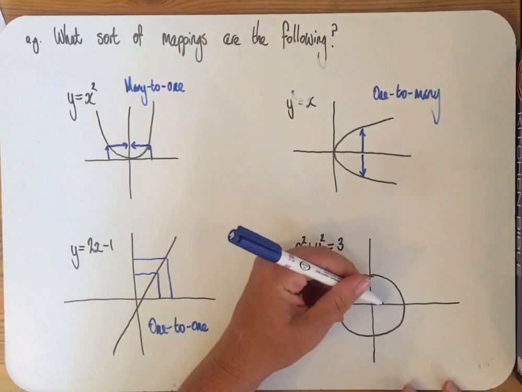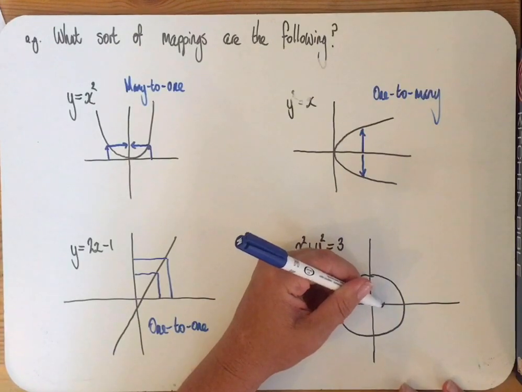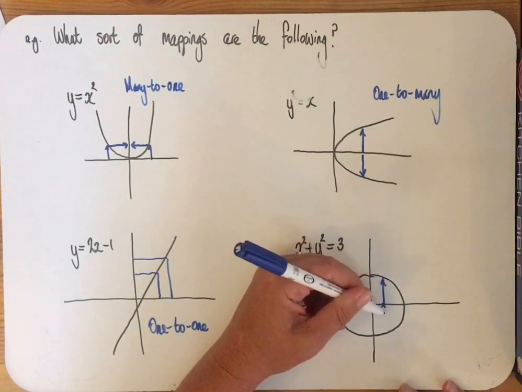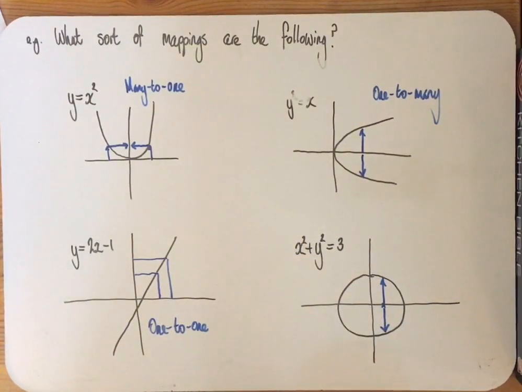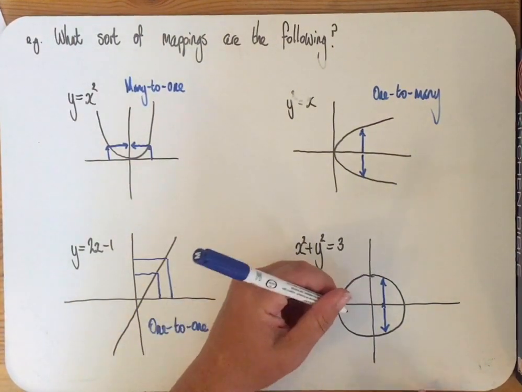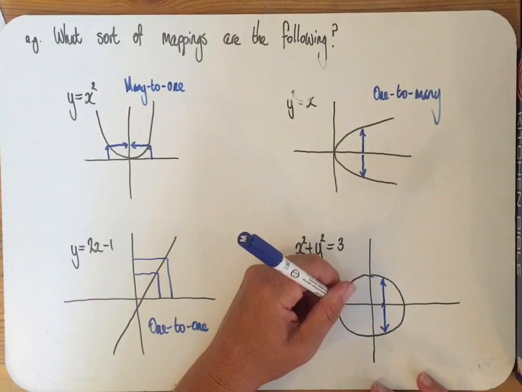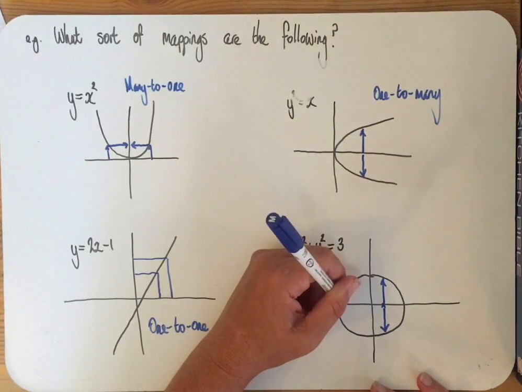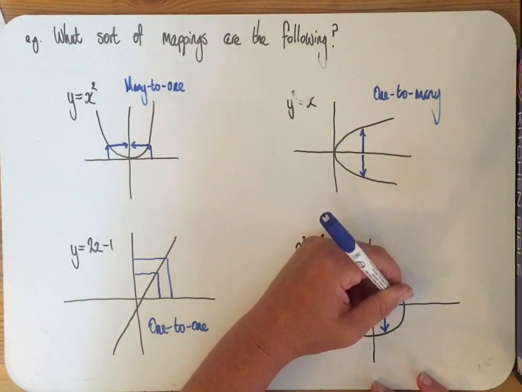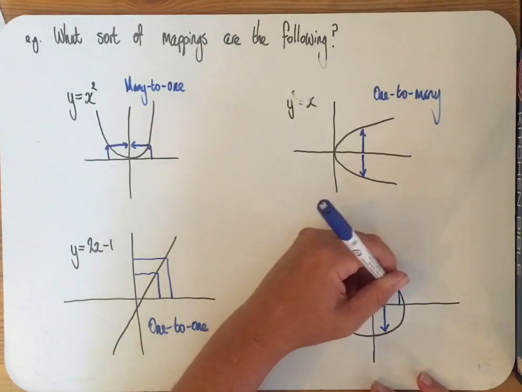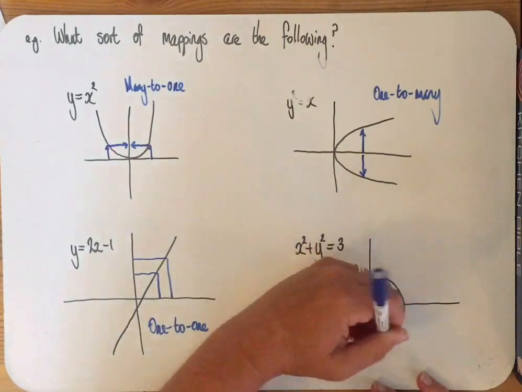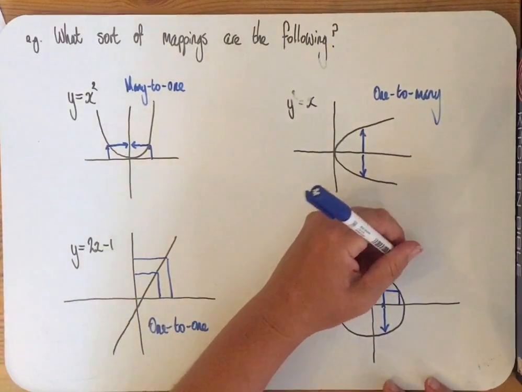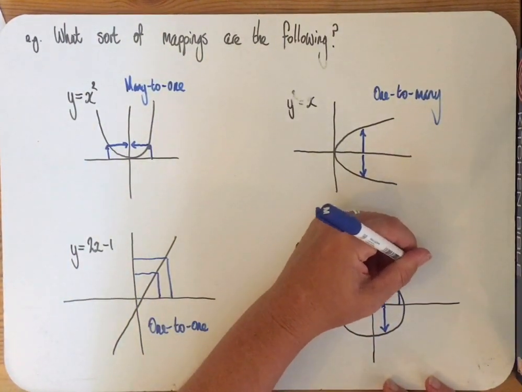And this circle, we have one value of x being mapped to two values of y, but you also have two values of x being mapped to the same value of y. So you've got an overlap this way, overlap this way, and so that is a many-to-many mapping.